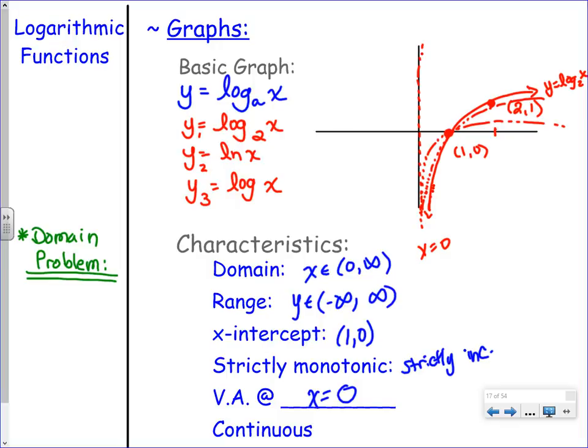Come on back. Question. I had 2 special points before we turn the page. I had 2 special points for log base 2 of x.